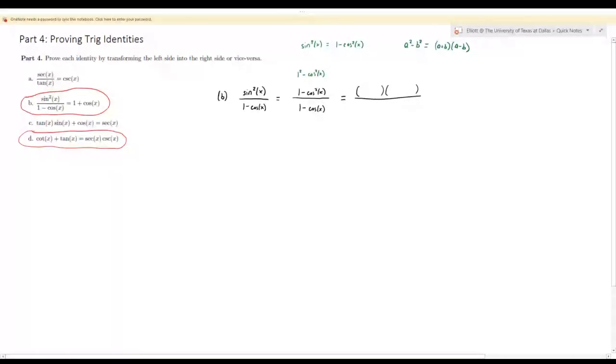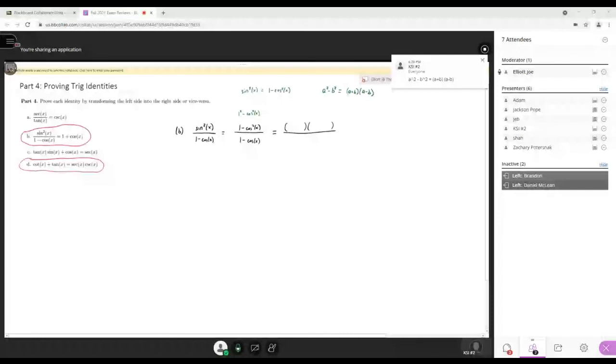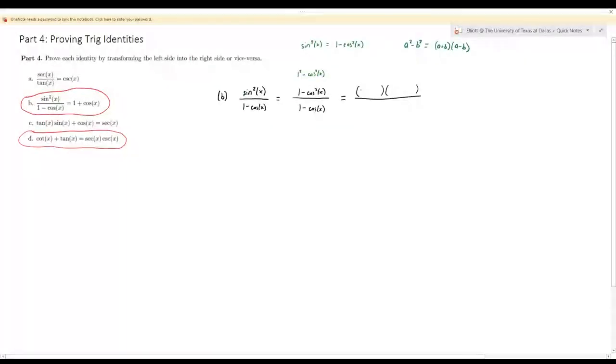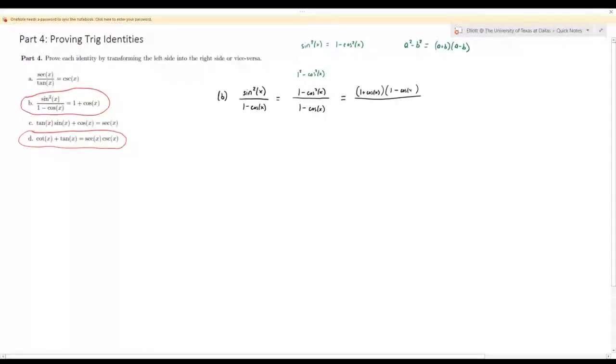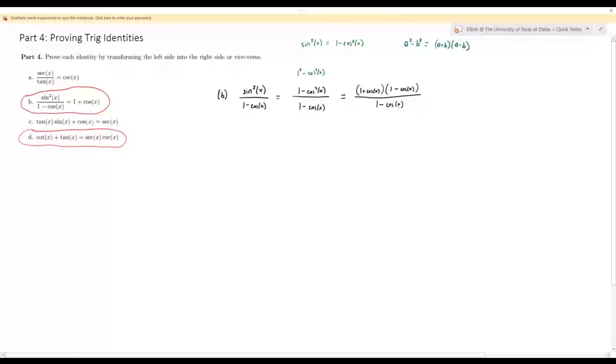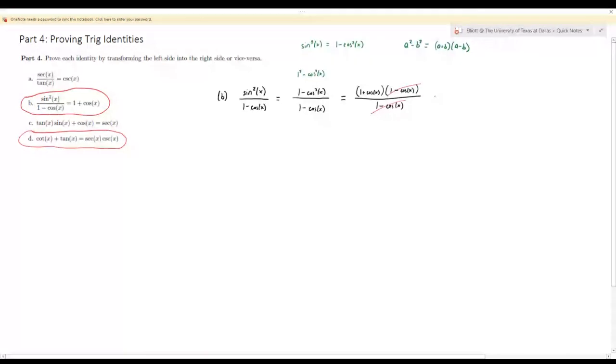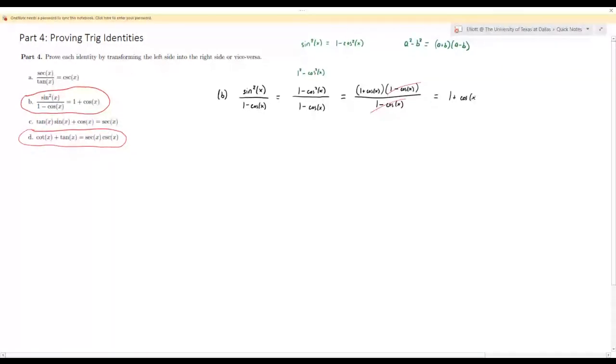So 1 minus cosine squared, we can factor as 1 plus cosine times 1 minus cosine. That works out nicely because the 1 minus cosines will now cancel from numerator and denominator. That leaves you with the final answer of 1 plus cosine of x, which is what we wanted on the right-hand side, okay?